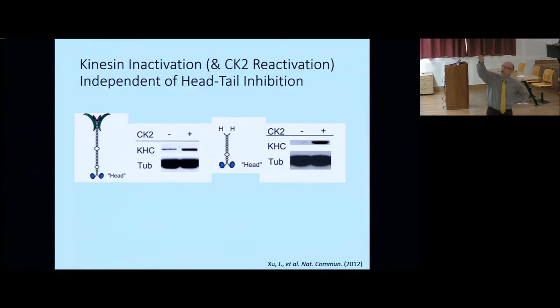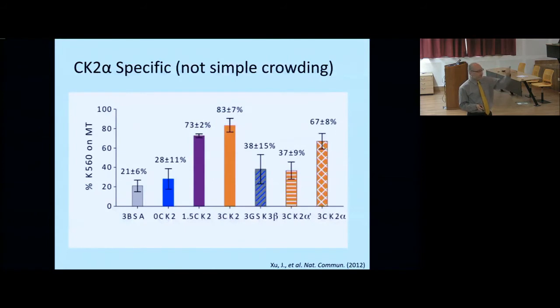In fact, this one was activated more than the wild type, and we think that's because the presence of the tail slows the transition into the inactive state that I'm going to tell you about. So these go inactive faster than those, and so then the CK2 does more as far as reactivating them. Okay, so that was independent of the tail.